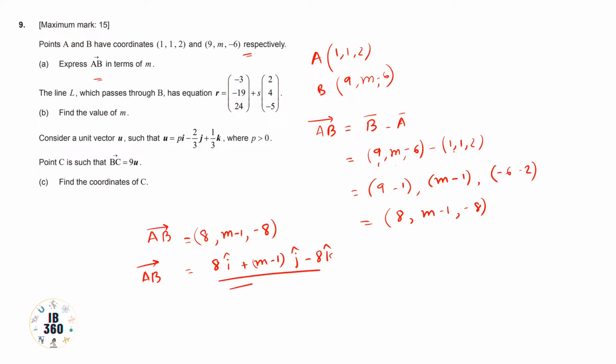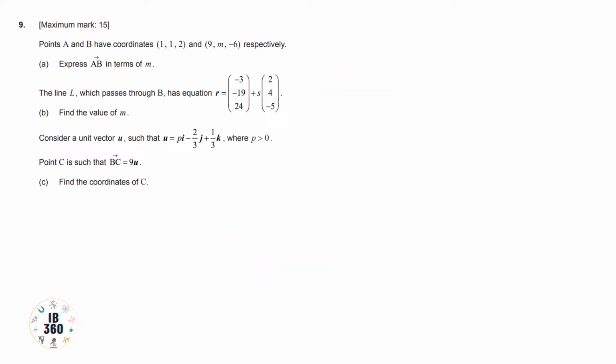Now the second question. Express AB, this we have done. Now the line L which passes through B has equation r equal to this. Find the value of m. So the B point is basically nothing but 9, m, -6.